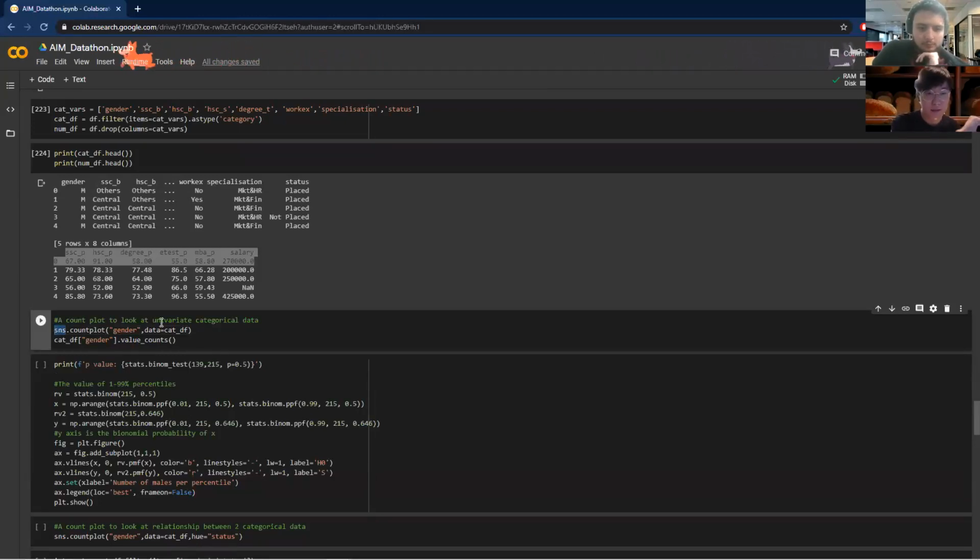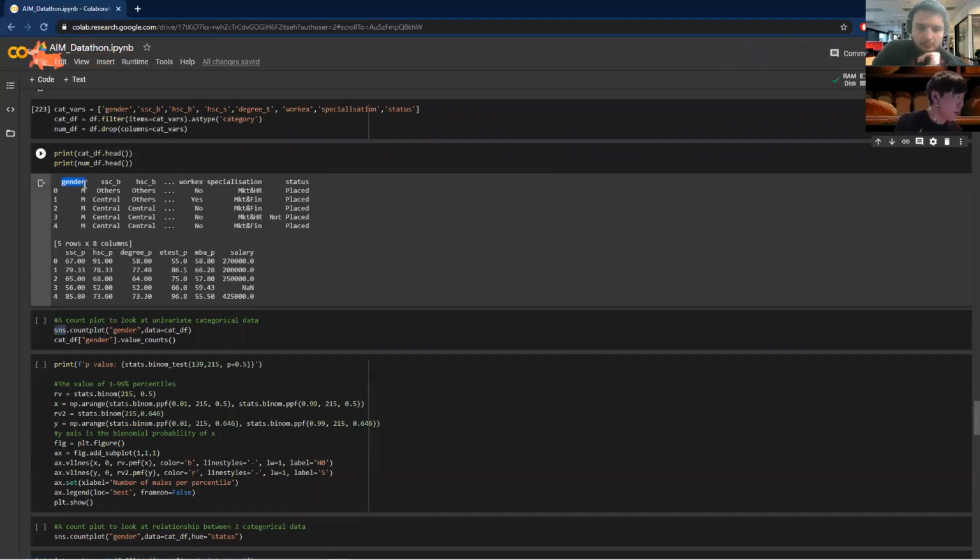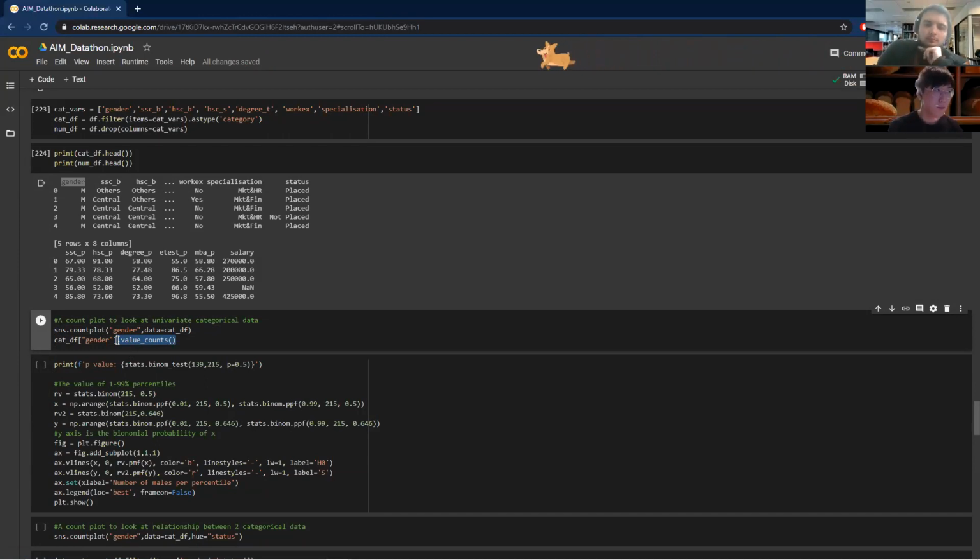What that does is it looks at one column in a data frame and counts each of the categories there, to give a representation of what it is. Another way you can do that in table form is with this method called value counts, which is intrinsic to a Pandas data frame. But that's just Python stuff.